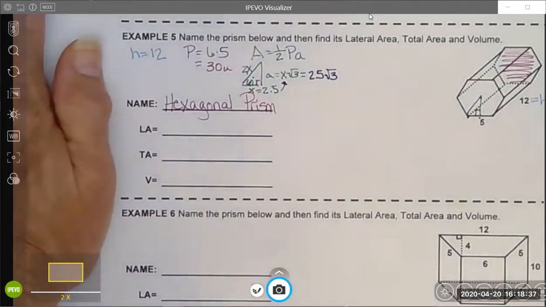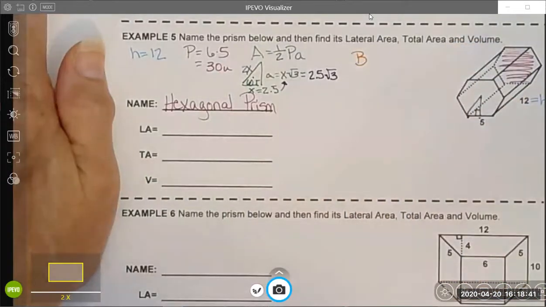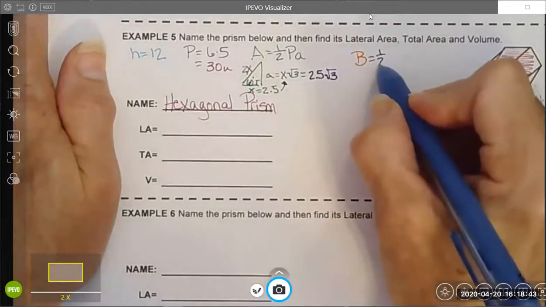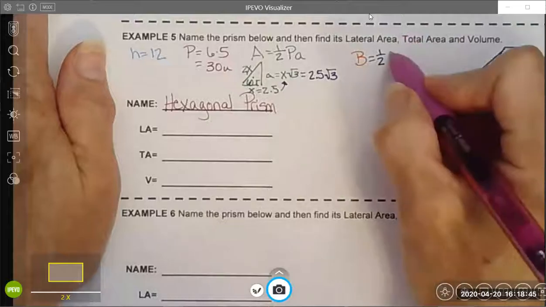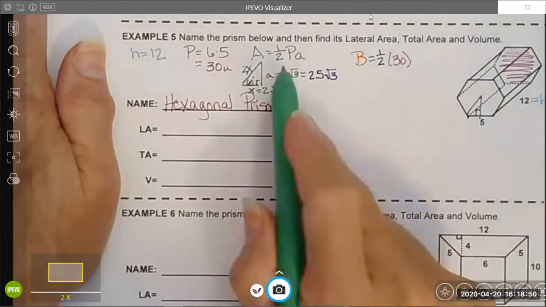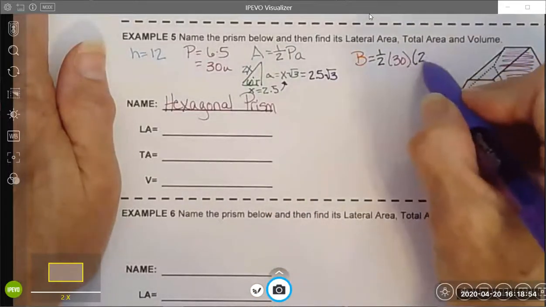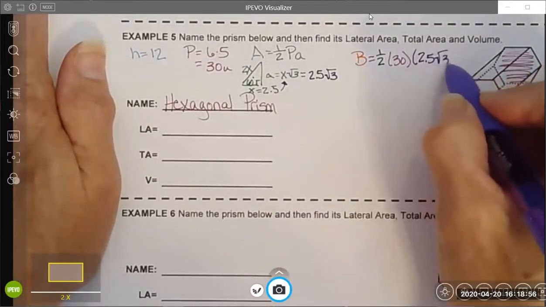Now I'm ready to find the area of my base. The area of my base is going to be equal to 1/2 my perimeter, which we said was 30, times my apothem, which we said was 2.5 square root 3.